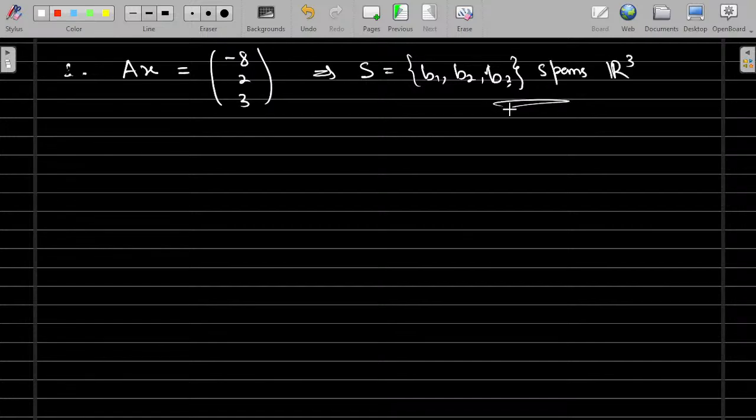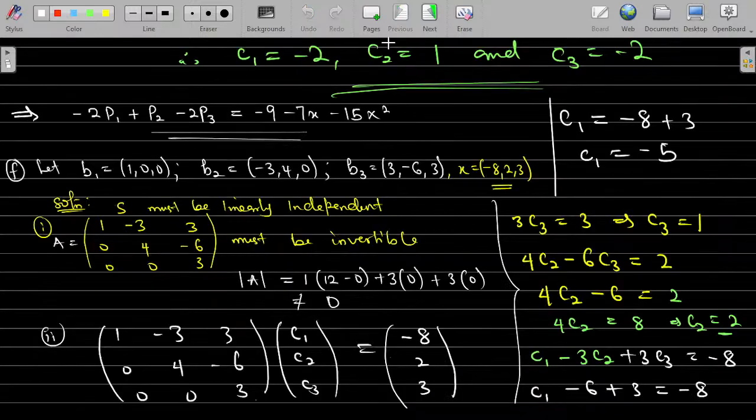Okay, and that is the second condition that completes that it forms a basis for the vector space R3. Okay, so that's what they expected from us there, and that question happens to be (i). Okay, so this is (i).